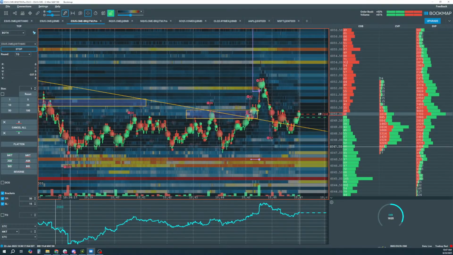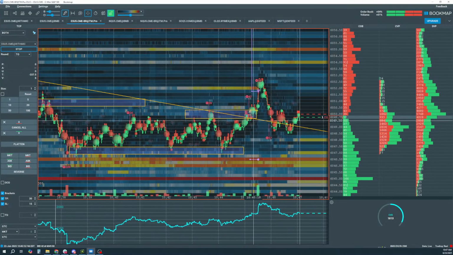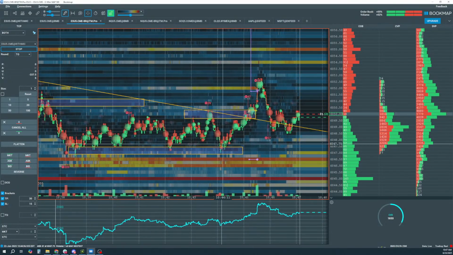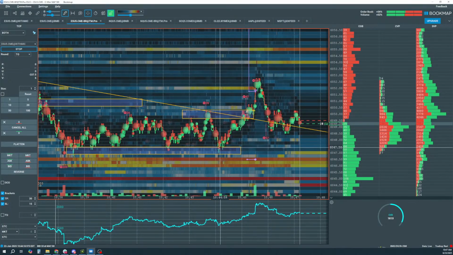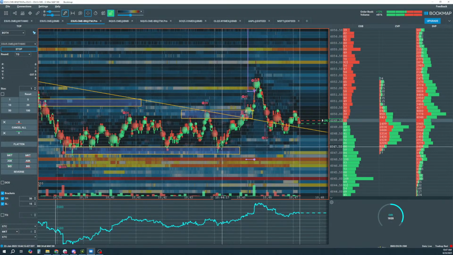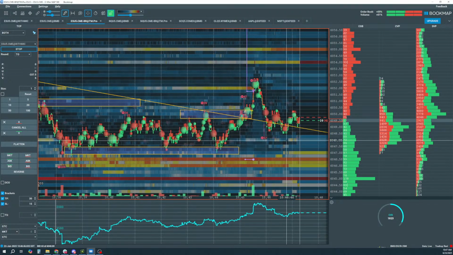Okay, down here, I'm not seeing the sellers. So this is not a weak bottom down here. There's not a whole lot of selling down here. So it means there's not too much interest.